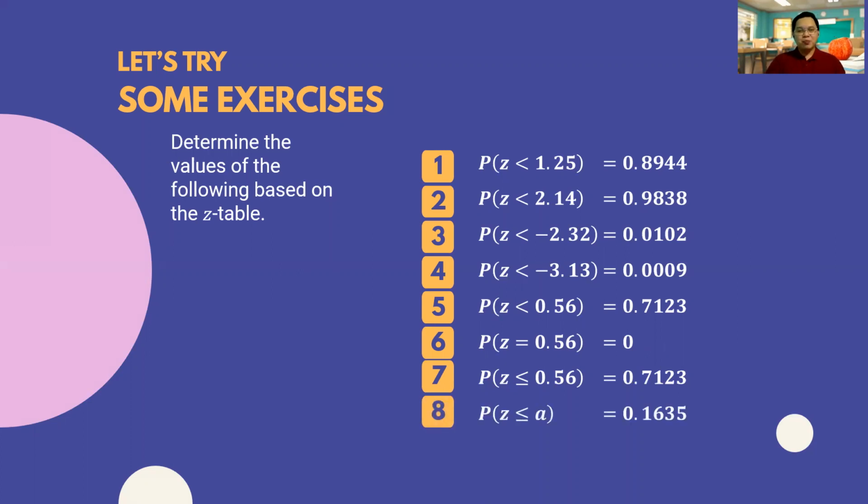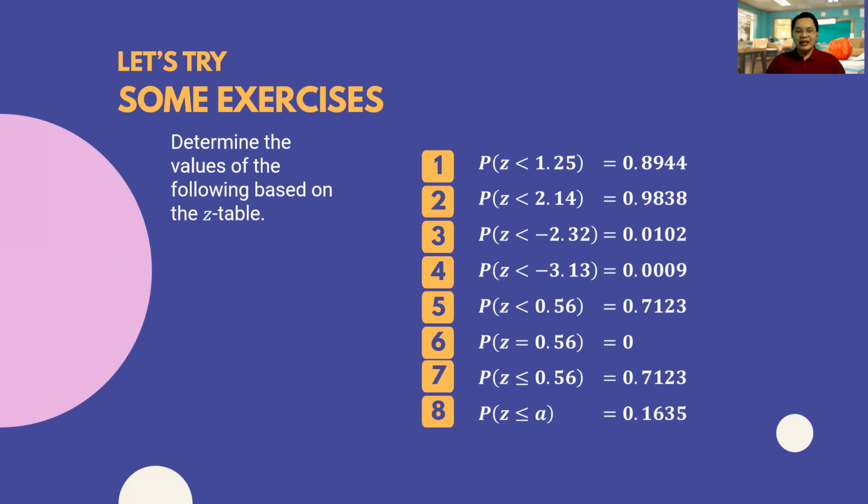So is it possible for us to find the value of Z, or the Z-score, for which all of the other Z-scores would be less than or equal to it, and the region that covers that would be 0.1635? So this is where we make use of the inverse normal distribution.